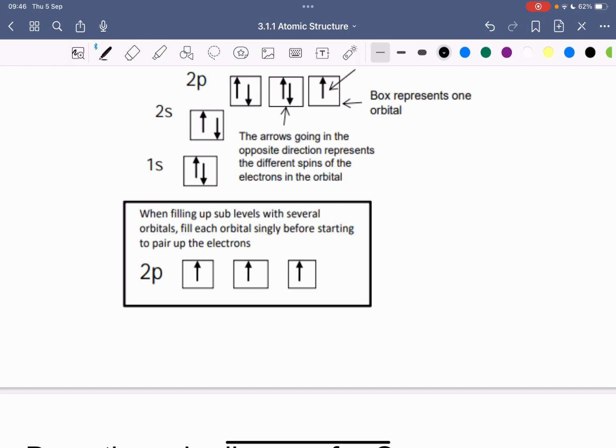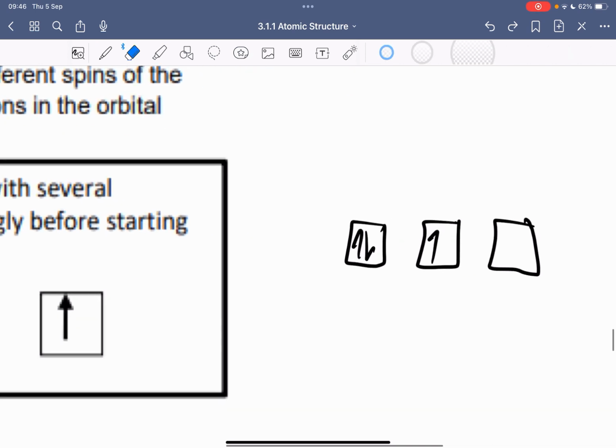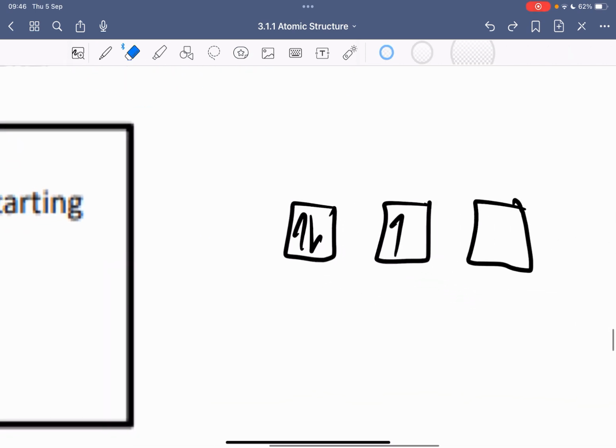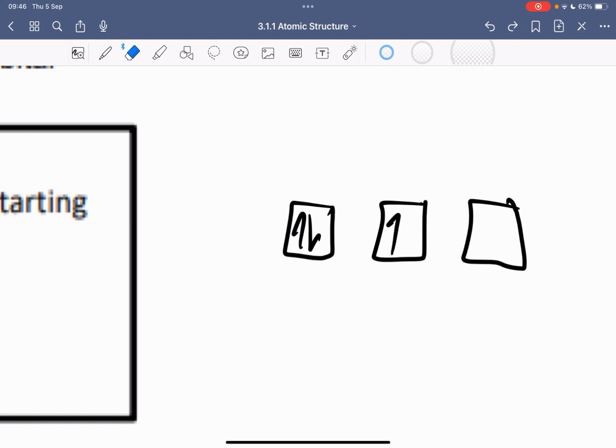When filling up each subshell, you need to make sure that you fill up each orbital first before filling up an orbital twice. Something like this would be wrong, and that's because here you have extra repulsion, because the electrons repel each other.